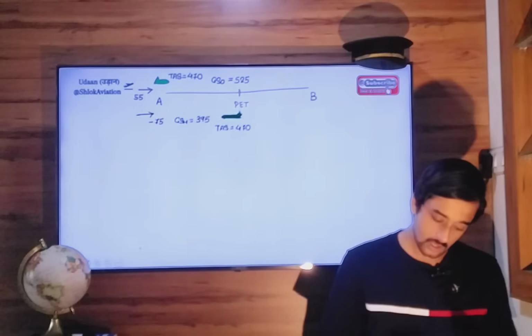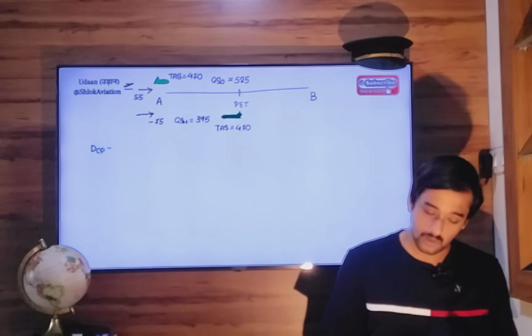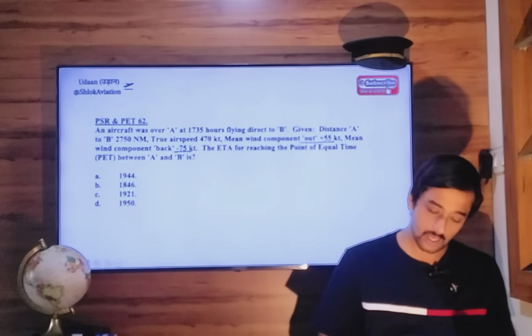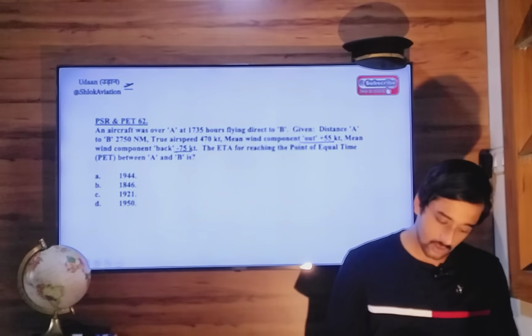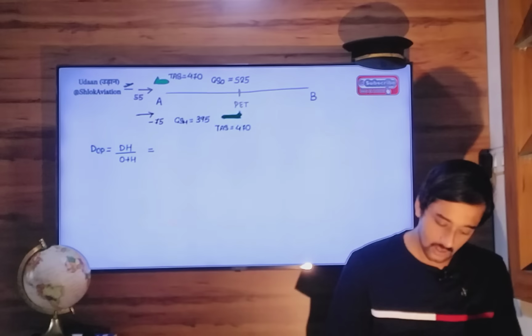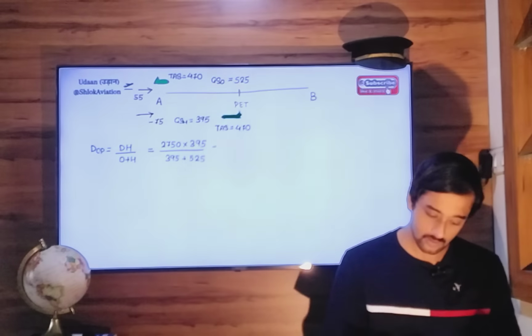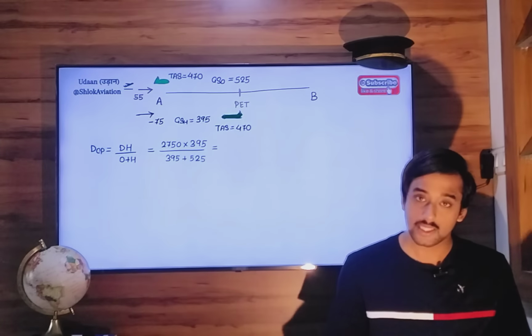Step number 2, distance to critical point will be DH divided by O plus H. What is the total distance between A and B? It is 2750. So 2750 into 395 divided by 395 plus 525, which is 920.